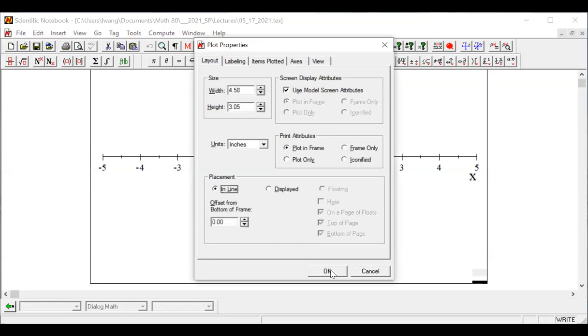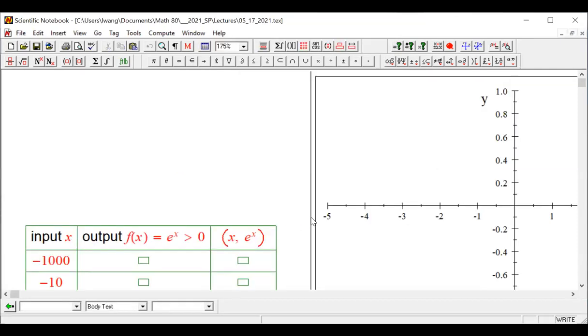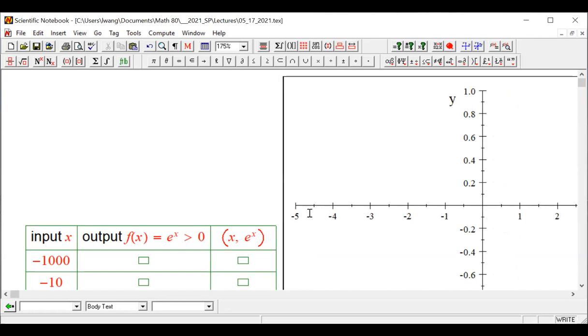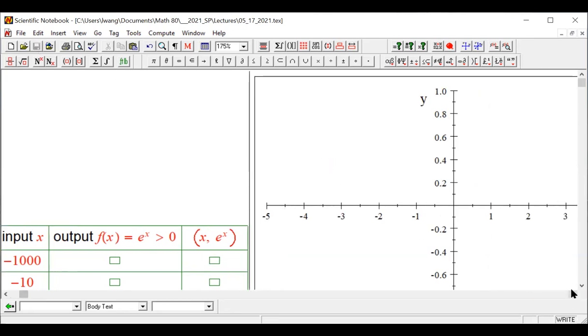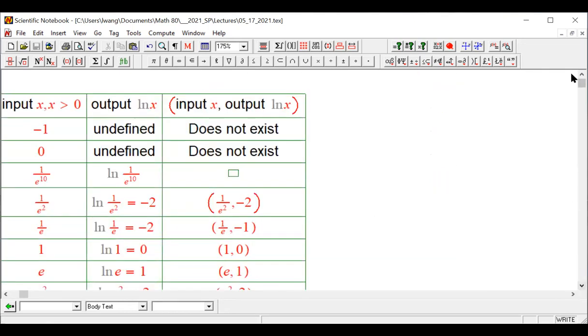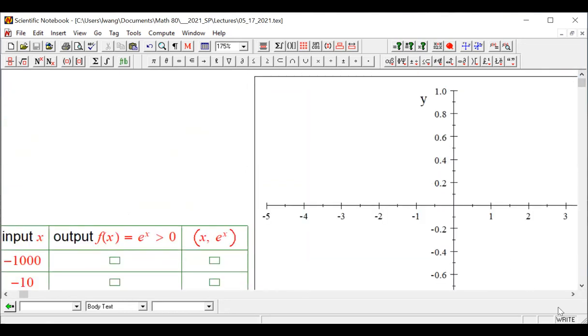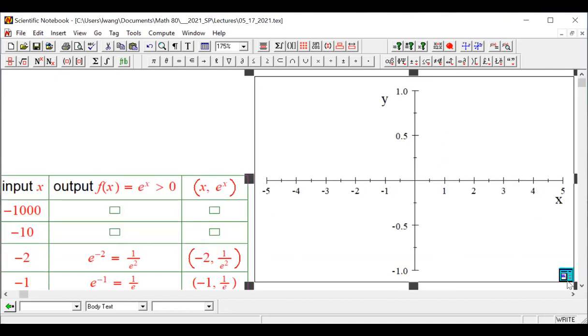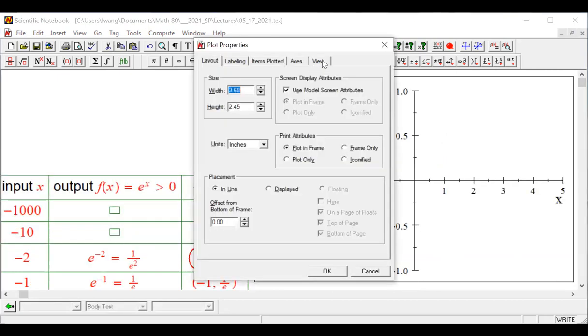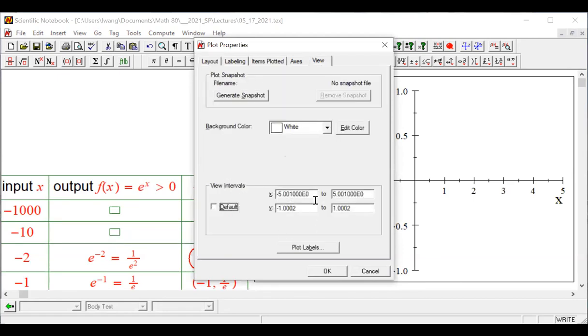And we want it to be next to our table. Okay. And making some adjustment on the scale. In the Y direction, I see I need to make some adjustment.